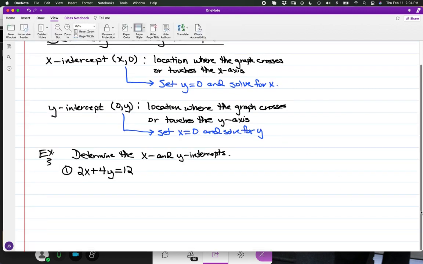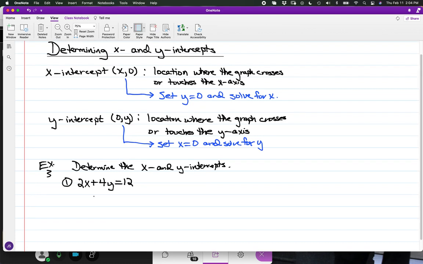In determining the intercepts, for each x-intercept the general coordinates are x, 0, and for the y-intercept the general coordinates are 0, y.